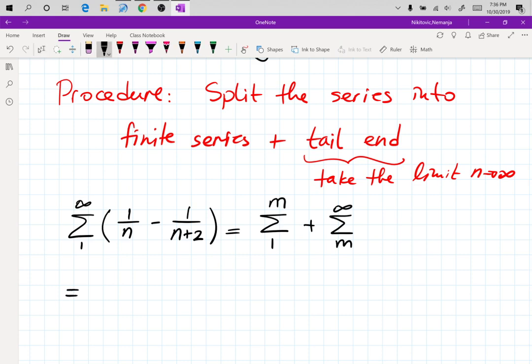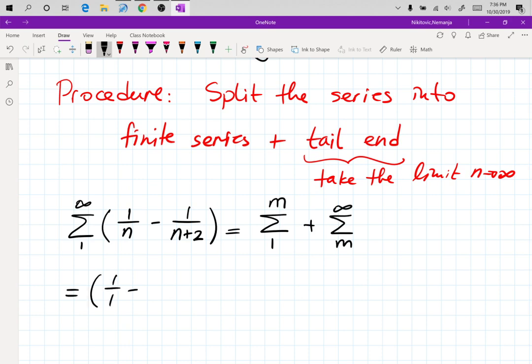Now let's see, what am I going to do here? I'm going to start plugging in these numbers from 1 to m. How do I do that? Well, I just replace. The first term is 1 over 1 minus 1 over 1 plus 2.